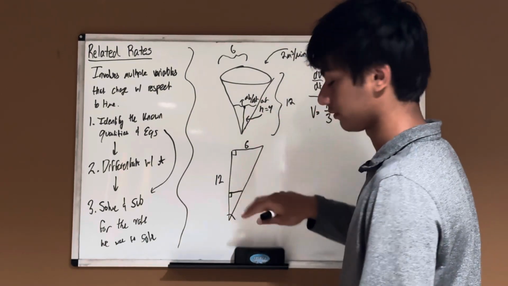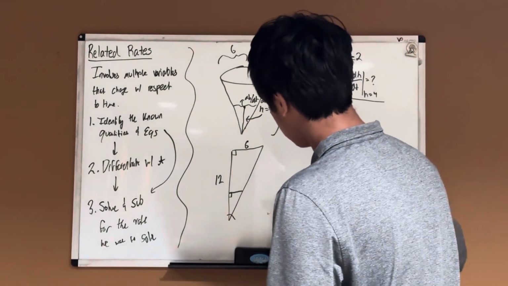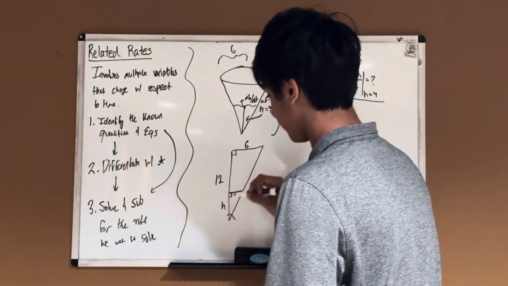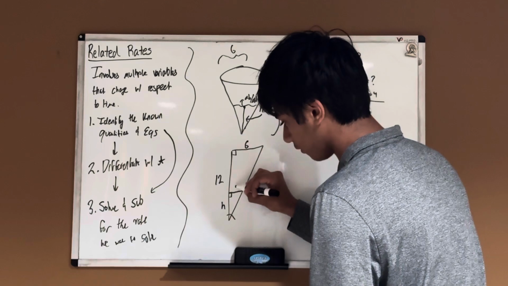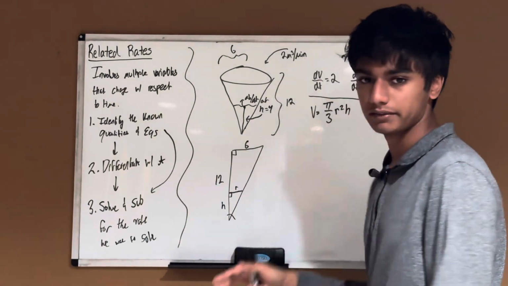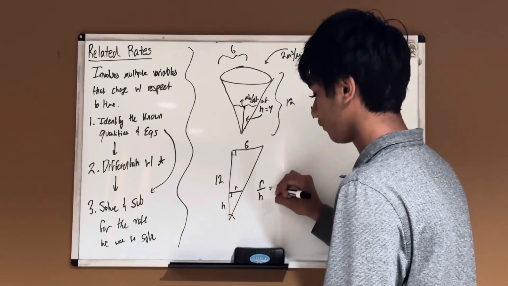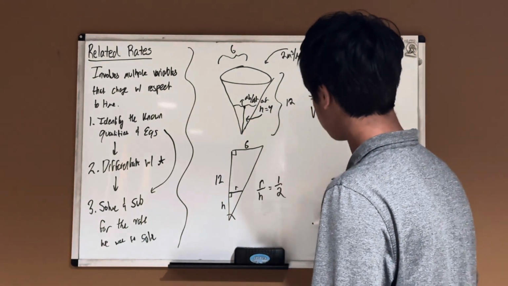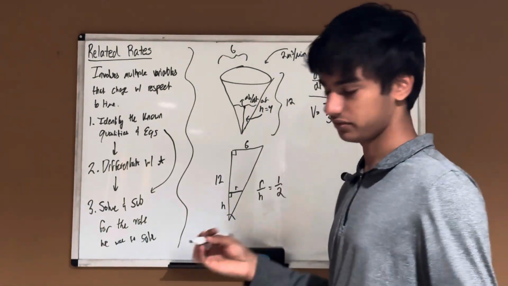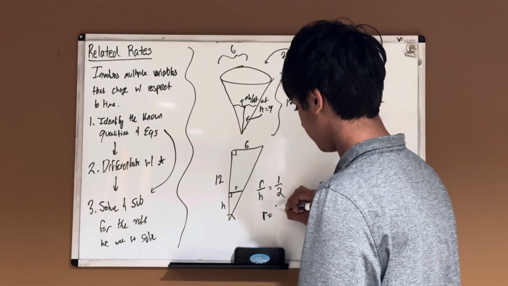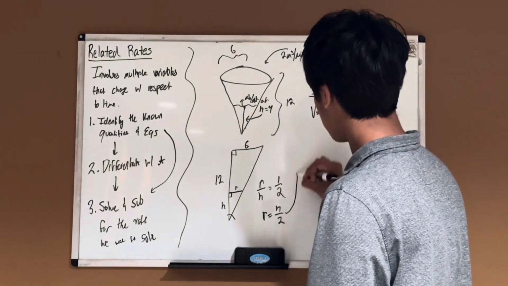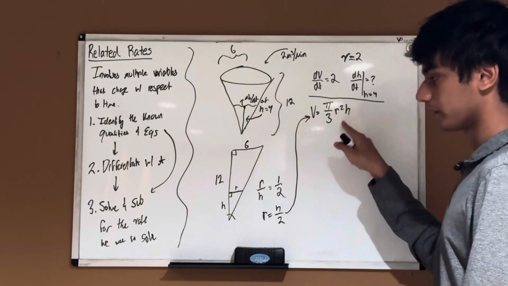So if we call this h, because that's what it's being called, and we call this r, then we know based on similarity rules that r divided by h has to equal 6 divided by 12, which is 1/2. Now what we can do here is say r is equal to h over 2, and now we can plug it into this equation to get rid of the r.